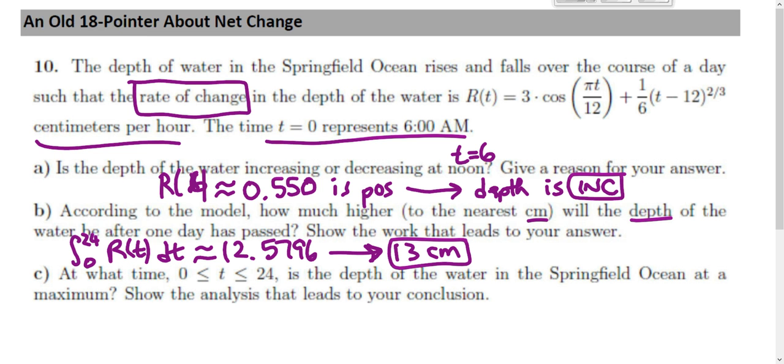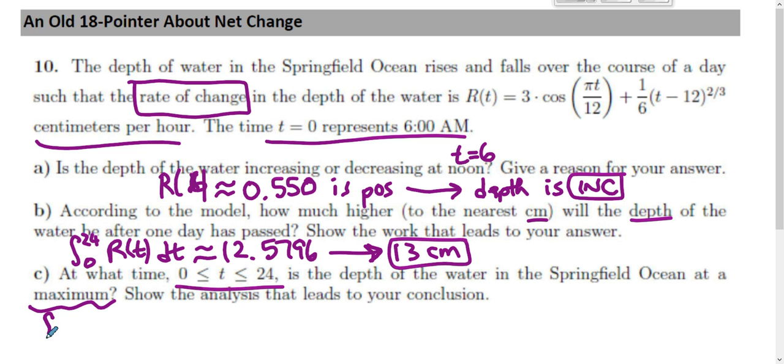So last piece. When is the depth of the water a maximum? And we're only considering things on a closed interval. So we're trying to find a maximum on a closed interval. And that means we have to know what the depth of the water was at 0, what the depth of the water was at 24, and what the depth of the water is anywhere there's a critical point. So we're just going to pretend, for argument's sake, that we're going to let this be the initial condition, the 0 condition.